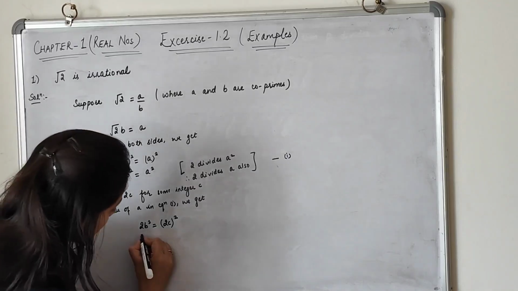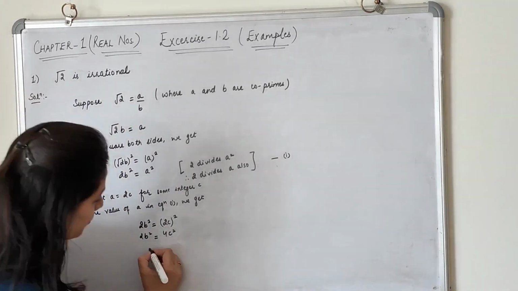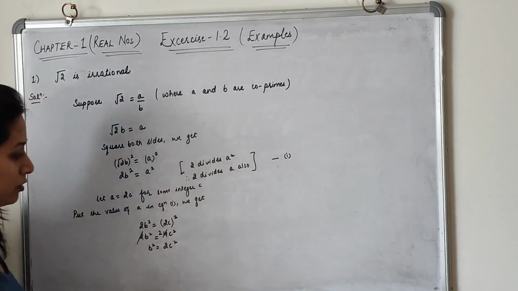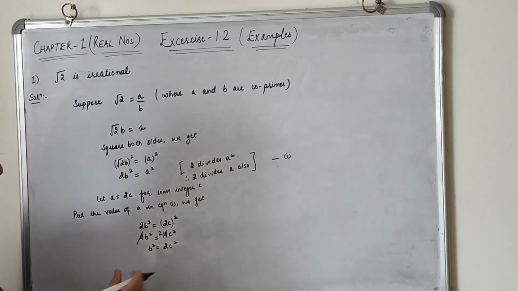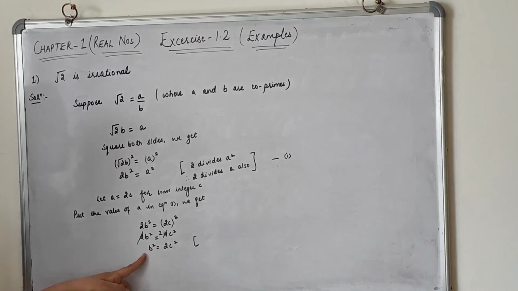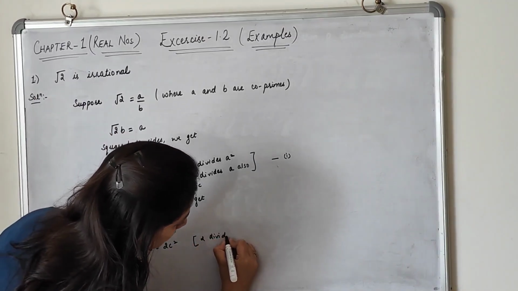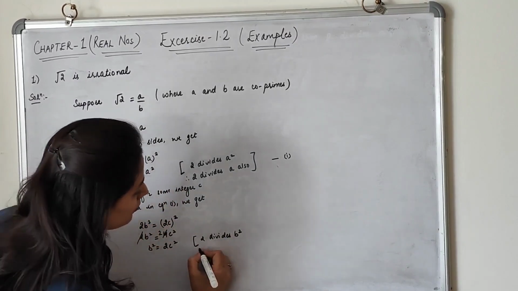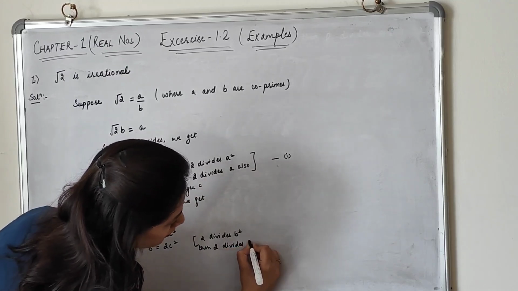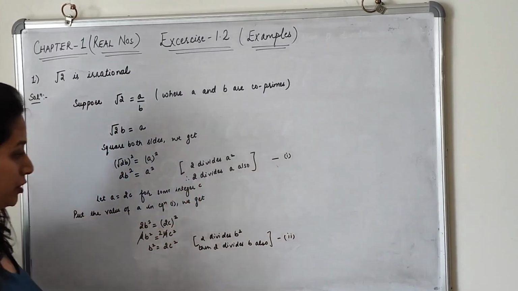Correct? Which is 2B square is equal to 4C square. B square is equal to 2C square because this cancels out. Right? Here what you observe? 2 divides B square, then 2 divides B also. Make it the second equation.